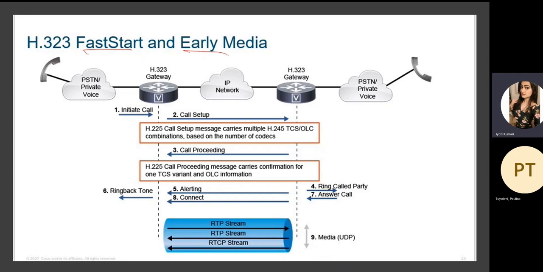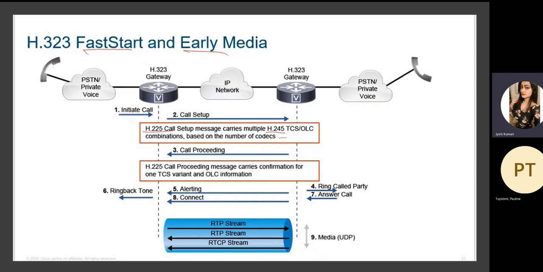If you have any media to be retrieved before the session actually establishes, then when a call is initiated, a call setup message is sent. For call setup, H225 is used, and the call setup message carries multiple H245 TCS and OLC messages in combination, based on the number of codecs.